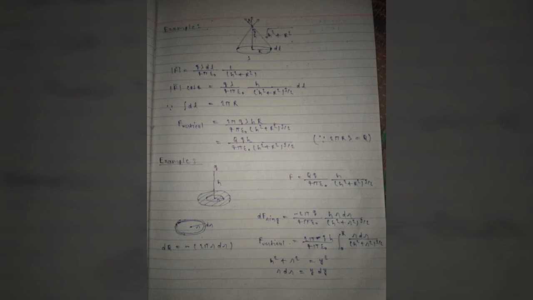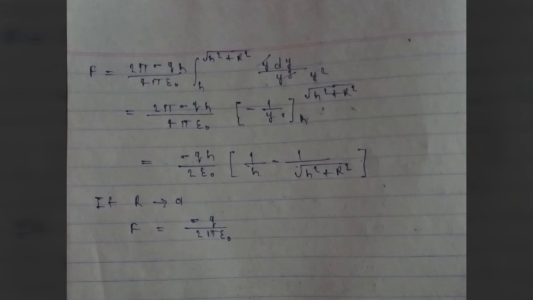Now if I make the substitution h square plus r square equals y square, so that r dr is y dy, I get the vertical force to be 2 pi sigma q over 4 pi epsilon 0 times the integral from h to the square root of h square plus R square of y dy over y cubed.